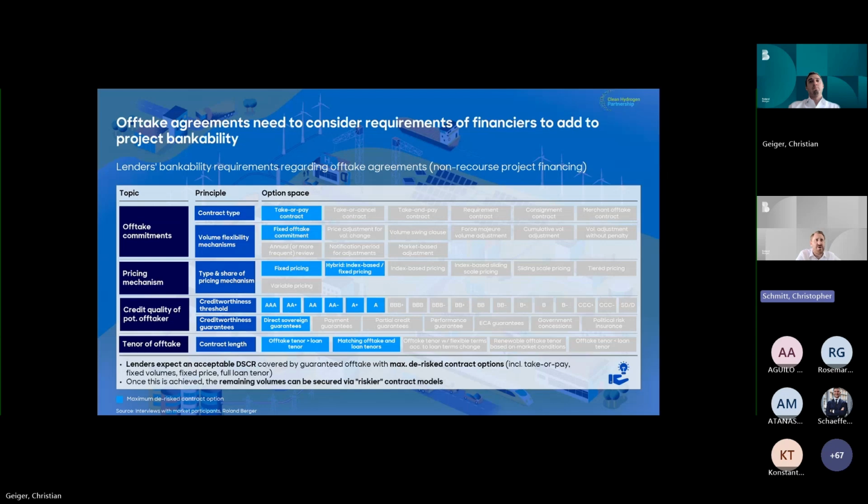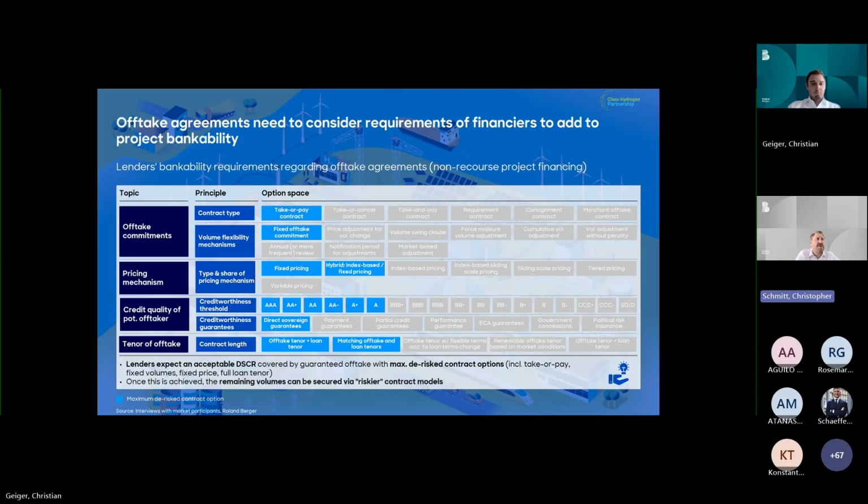When it comes to the contract type, virtually all of the contracts and offtake agreements that we see out there today are take-or-pay structures, which means that as an offtaker, you commit to paying the price for the volumes that you commit to, regardless of whether you take the product or not.